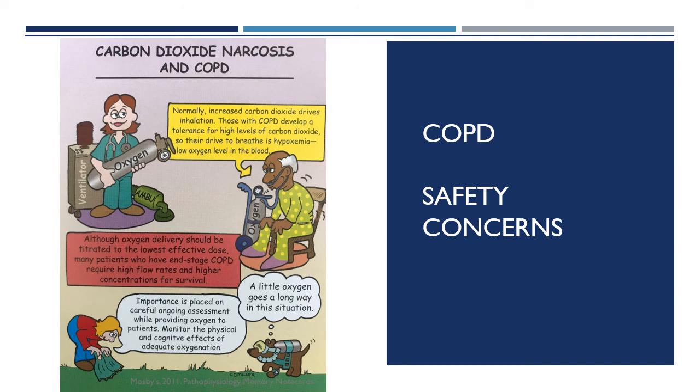So if we give them a lot of oxygen, say we give them high flow oxygen and try and get their O2 saturation to very high levels, say 98 or 99%, that's going to turn off the hypoxic drive to the brainstem, and they're going to breathe more slowly. They're going to take less deep breaths.